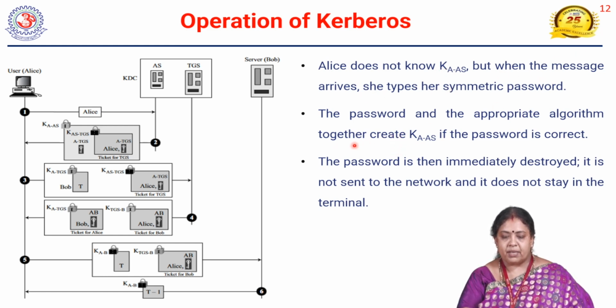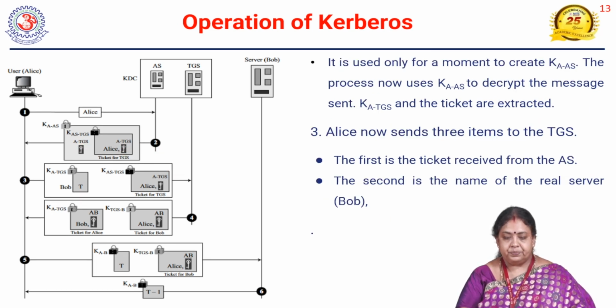By using the password only, it is going to create the key. Soon after creating the key, the password will be destroyed. Like that it is going to get the key K_A,AS. Then by opening this, he finds the session key of A and TGS, and also the ticket. Then coming to the third step.